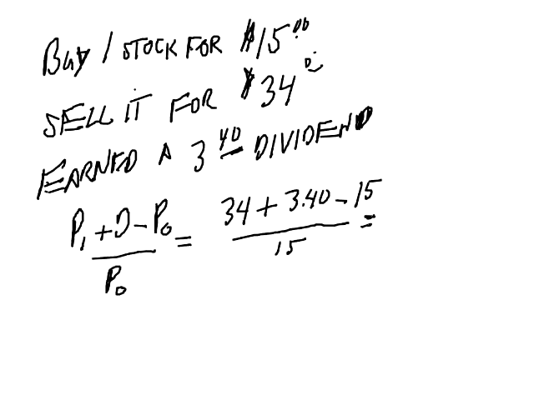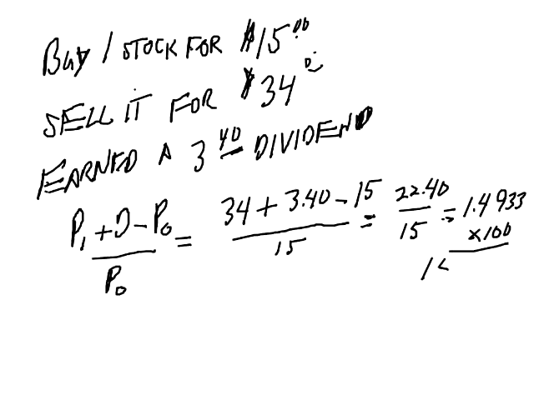You get $22.40 in the numerator, divided by 15, which comes up with 1.4933. If you multiply that times 100, you have a 149.33% holding period return.